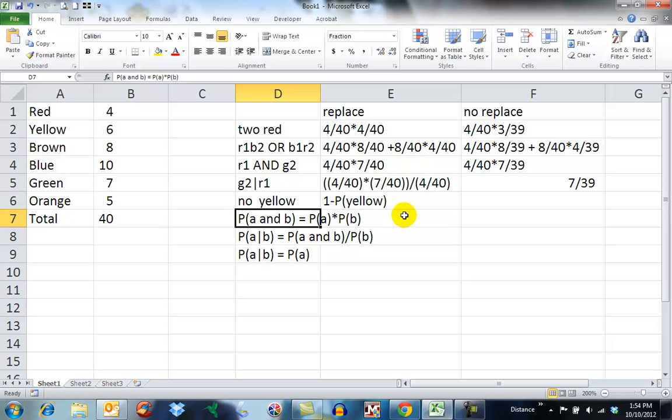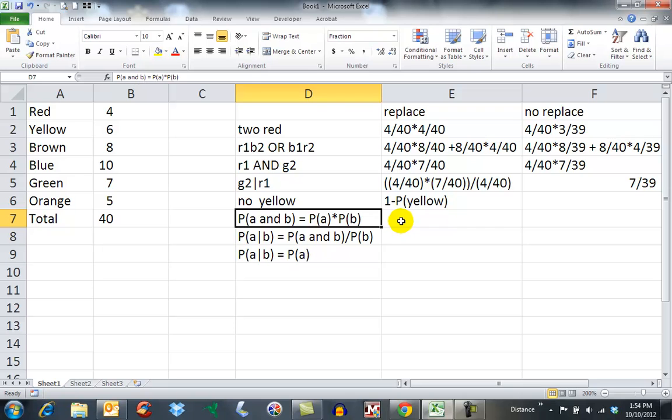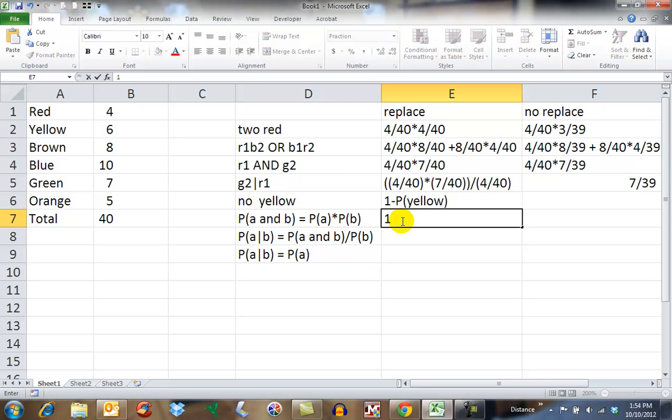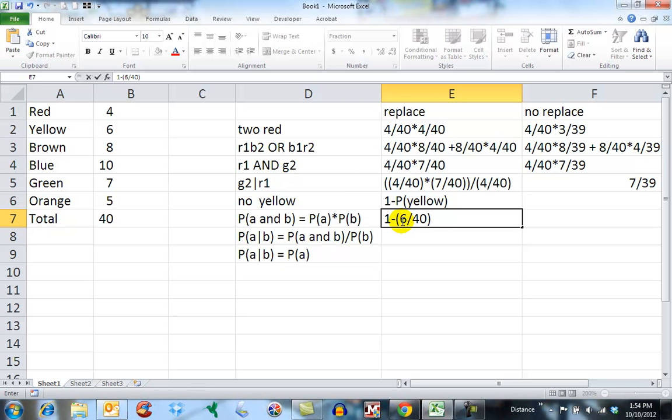So the probability of getting a yellow is 6 over 40. So it's 1 minus the probability of getting yellows, 6 over 40. That's the first one.